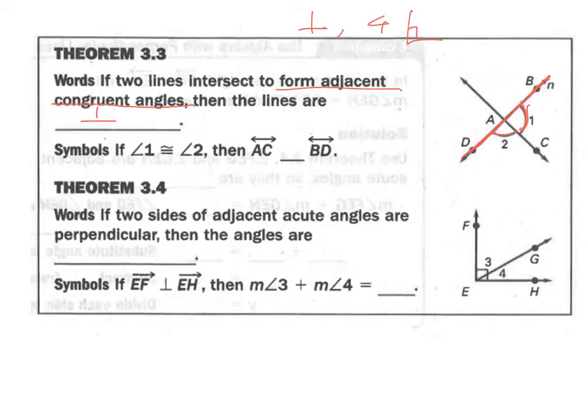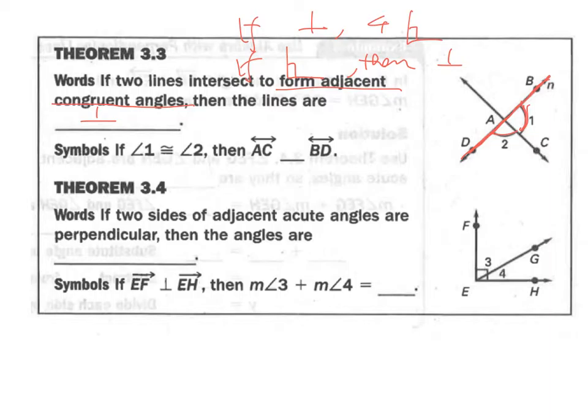Angle 1 and angle 2 add up to 180 degrees. If angle 1 and angle 2 are congruent, that means that they each are 90 degrees. So what this is really saying is that if my angles are straight angles, then my lines are perpendicular.